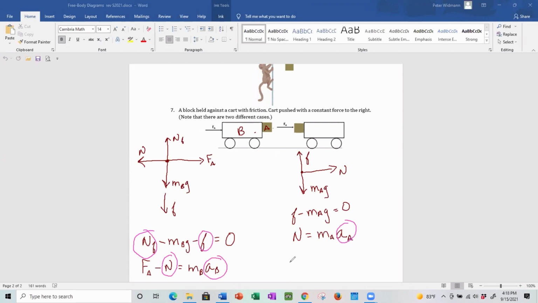I need another equation. My second equation is that A sub A equals A sub B. And now I can just write this as A and this as A. And now I have 4 equations in 4 unknowns. And I actually can solve for the frictional force F. Yeah, I think that's good enough for now.